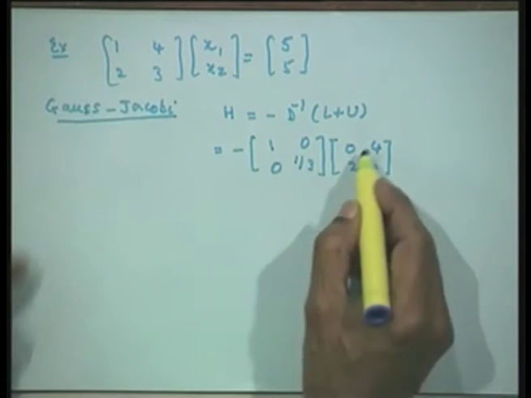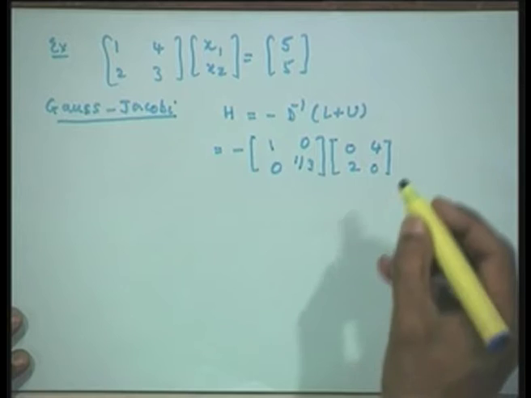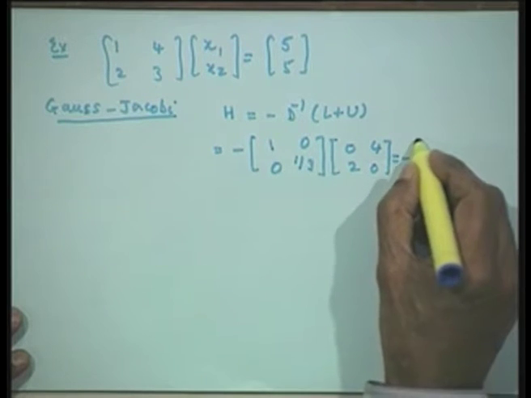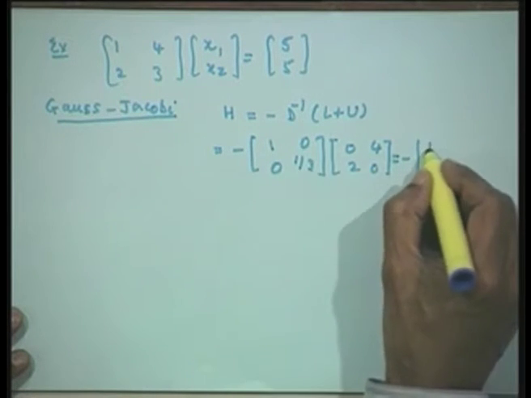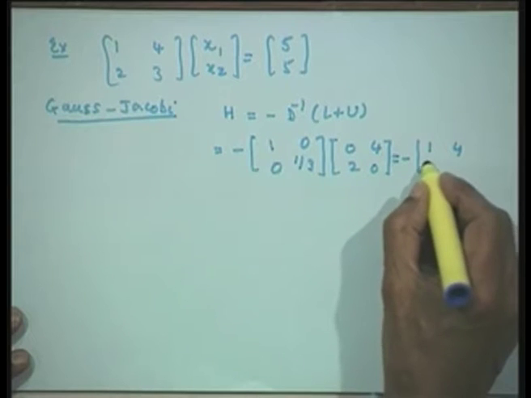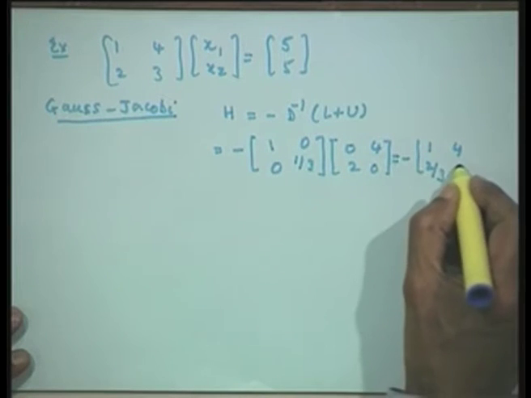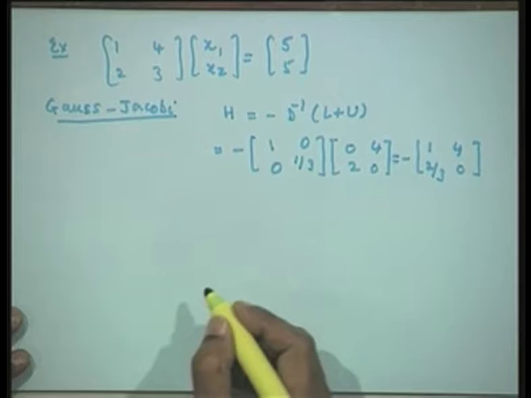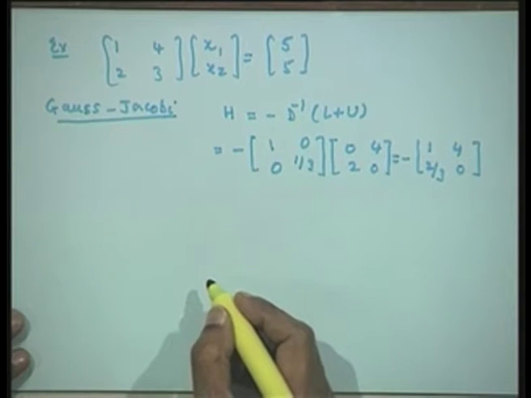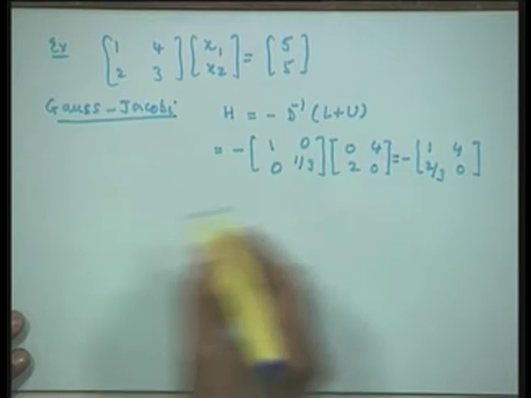You remove the diagonal, so what is left out is this. Let us multiply it out. This is 1 4, 2 by 3 0.